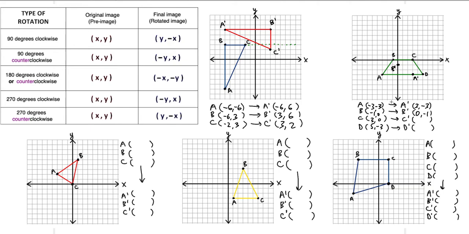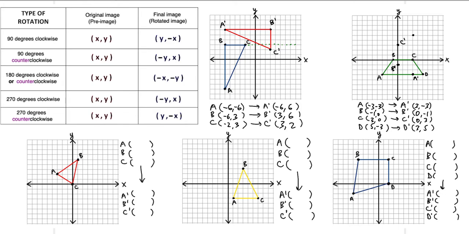And 3, 0, so we negate the y. The 0 stays, and then leave the x as it is. 0, 3. So that's C prime. And then finally, negating the y, that's 3. And then leave the x, so 3, 5. So that would be right here.